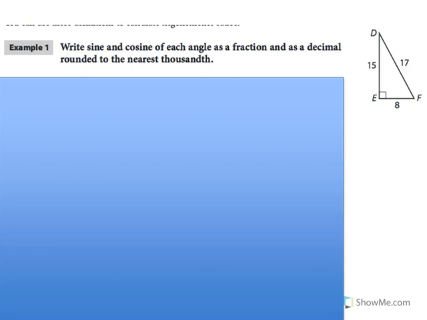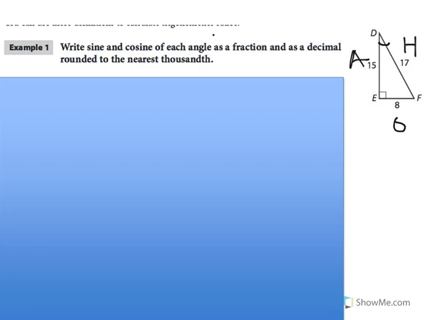Okay, so let's go to example 1. Write sine and cosine of each angle as a fraction and as a decimal, rounded to the nearest hundredth. Here we're observing from angle D, and this will be our opposite, adjacent, and hypotenuse.